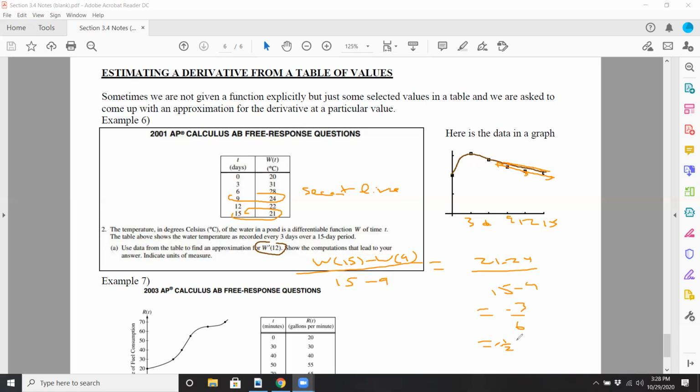So it's negative 1/2 degrees Celsius per day. So even though we don't have a function to work with, and we can't take a derivative of something, you can estimate by using a secant line where 12 is in between the two endpoints. So that's how you can do an estimation.